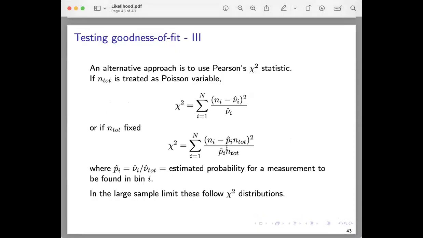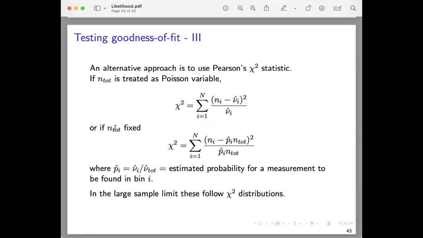Another approach is just defining the Pearson chi-square statistic, simply from the number of events in the bin and the fit. So n i is the number of events observed, and nu i is the estimated number after the fit. Then you simply define the chi-square test statistic.